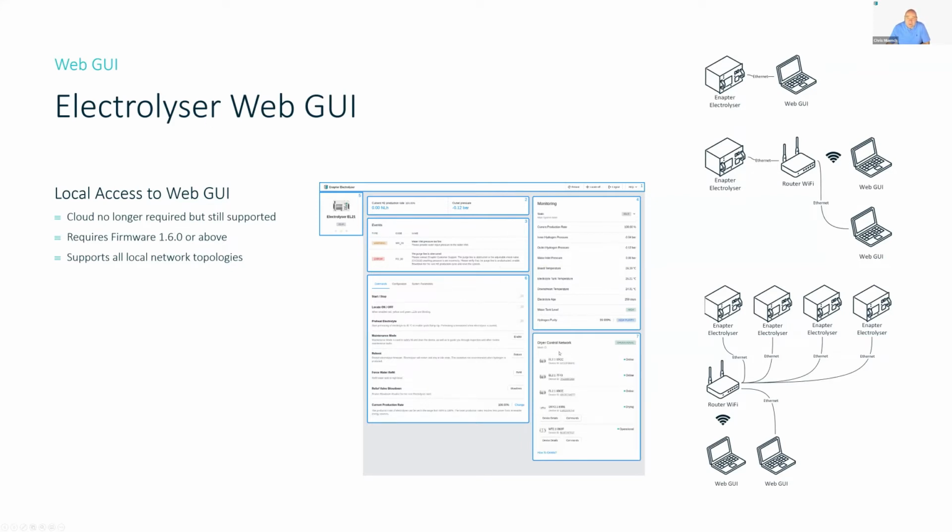You can directly access that with your browser. And of course, since it's a local web server, you can have all sorts of different topologies in your network that are supported. You can have multiple devices connecting to one electrolyzer, or you have one device connecting to multiple electrolyzers. It's all very easy to manage with the WebGUI.